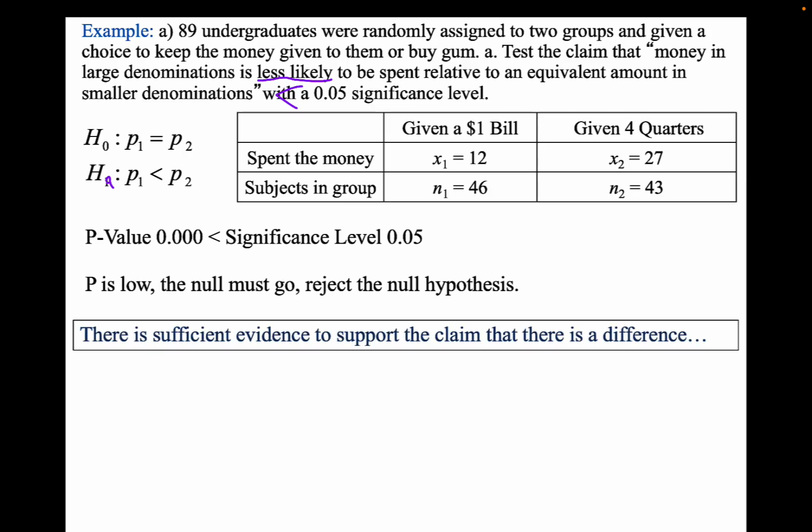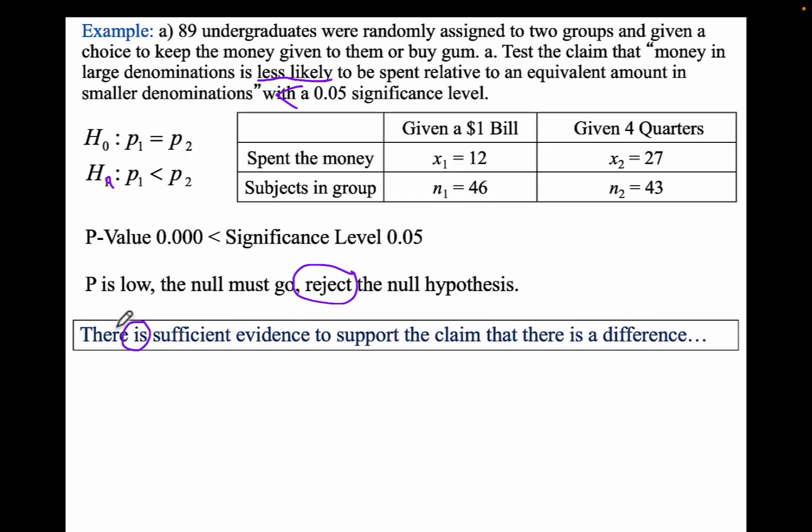And then when we write our conclusion, we say that there is. Just like in Chapter 8, remember that reject goes hand in hand with the words there is. Had we found that P was high, our decision would have been fail to reject the null. And right here we would have said there is not sufficient evidence to support the claim that there is a difference.